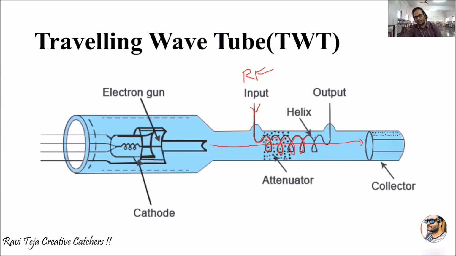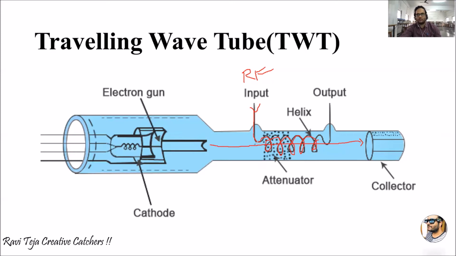Whenever the RF signal gets into this helical structure, the electron beam gets in contact with this RF signal. This is a continuous process. The electron gun keeps on producing the electron beam, and it is collected at the collector.